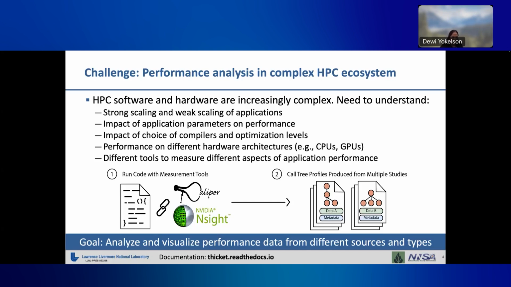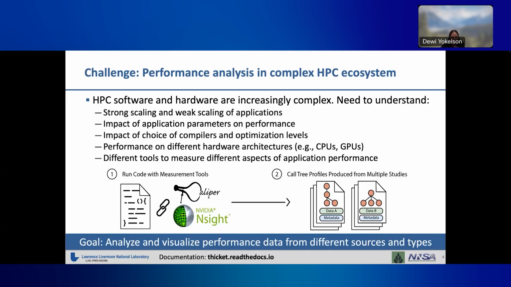And then also performance across different hardware architectures. If we're moving from a CPU-only system to another CPU-only system, or if we think we want to move from CPU to GPU, comparing the performance across these different architectures is really useful. And then we also want to look at different tools. There are a lot of different tools that measure these different aspects of application performance, and we need to be able to interface with them and ingest this data.